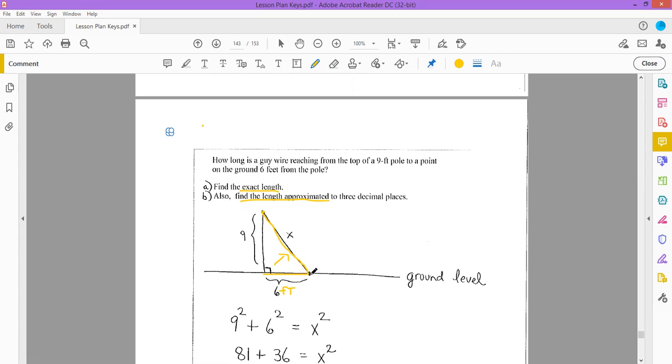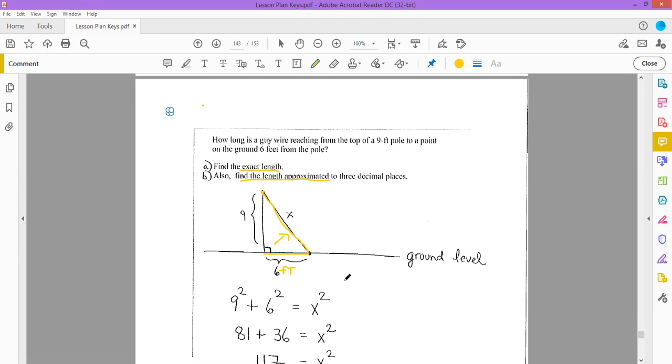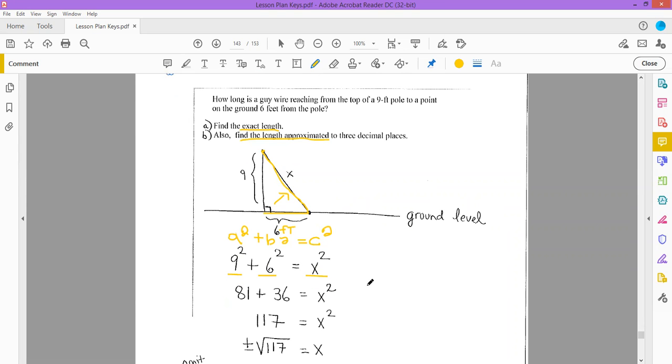So that's our hypotenuse, where x is, since it's across from the 90-degree angle, and we could use the Pythagorean theorem to find this length. So our a squared plus b squared equals c squared. We're going to write that Pythagorean theorem again, substituting the lengths of your legs. Our leg lengths are 9 and 6.